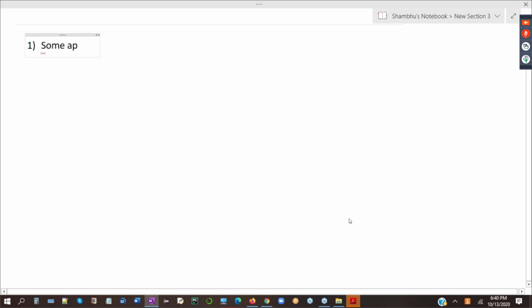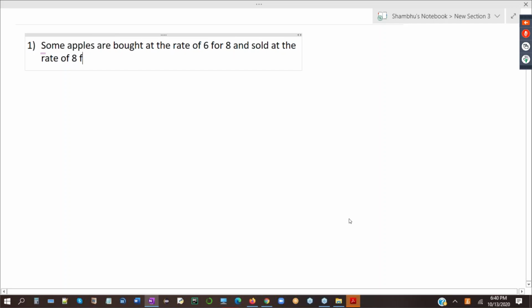If I say here, some apples are bought at the rate of 6 for 8 rupees and sold at the rate of 8 for 10 rupees, then what is the profit or loss percent in the transaction?